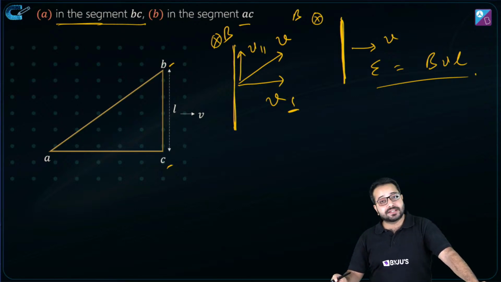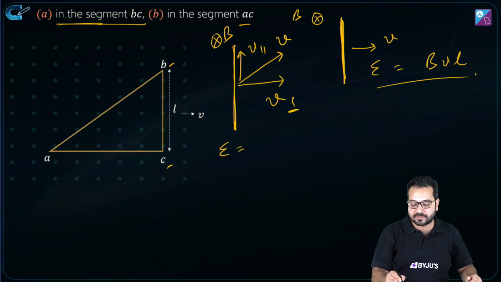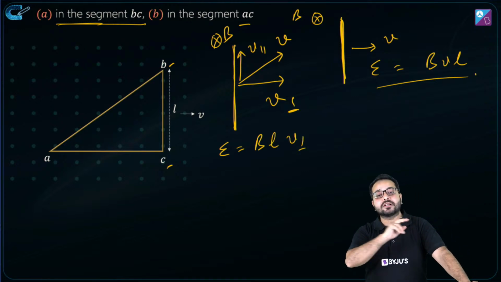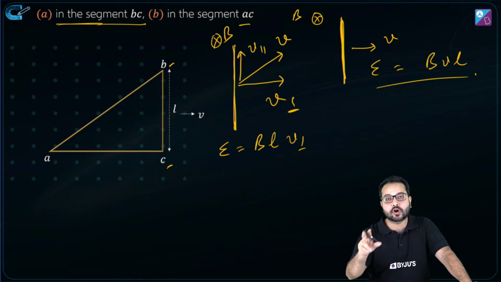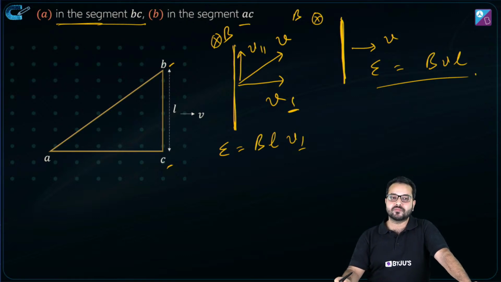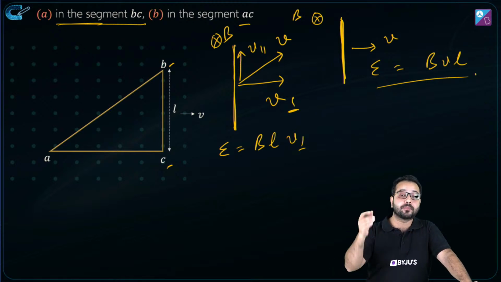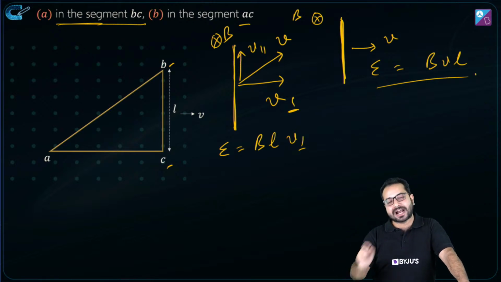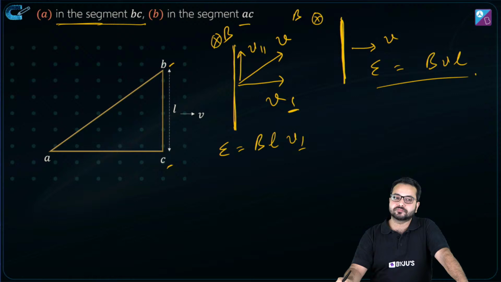So the EMF is going to be B into L into V perpendicular. The parallel component of the velocity does not contribute to the EMF. Only the component of velocity perpendicular to the length contributes to the EMF. Is that correct? Okay, perfect.